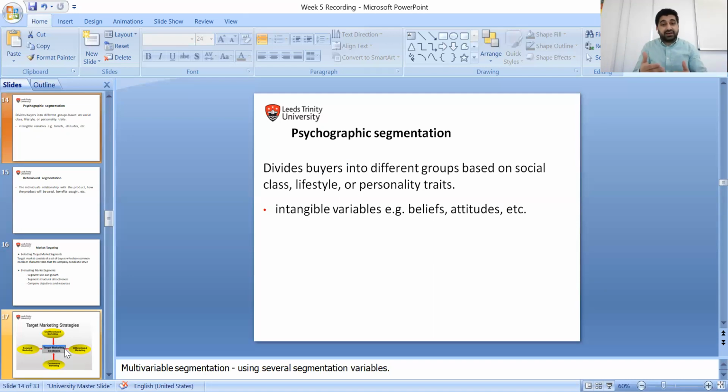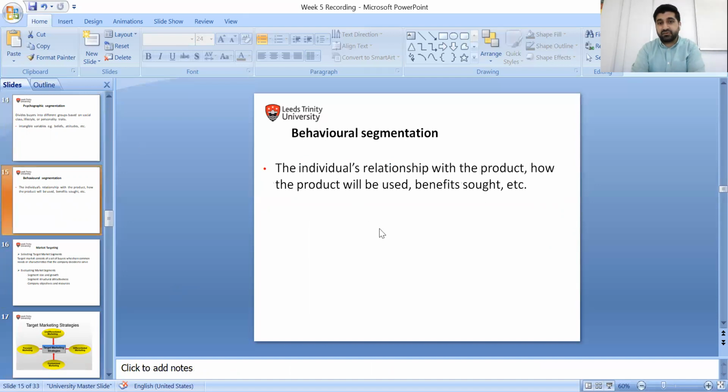Accordingly, we produce a product and offer it to these customers. And number four is behavioral segmentation: the individual's relationship with the product, how the product will be used, benefits sought, etc. So this was the fourth segmentation based on which we offer the product or service to the customer.